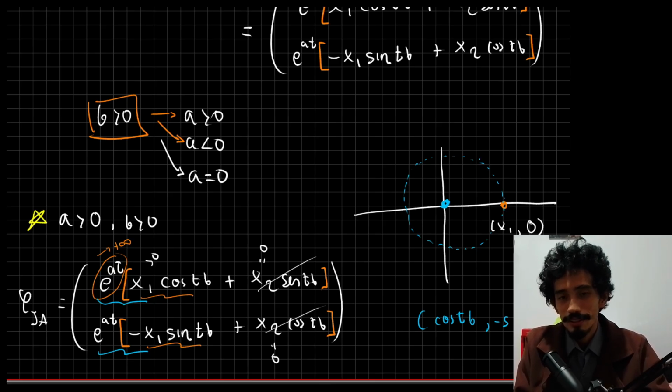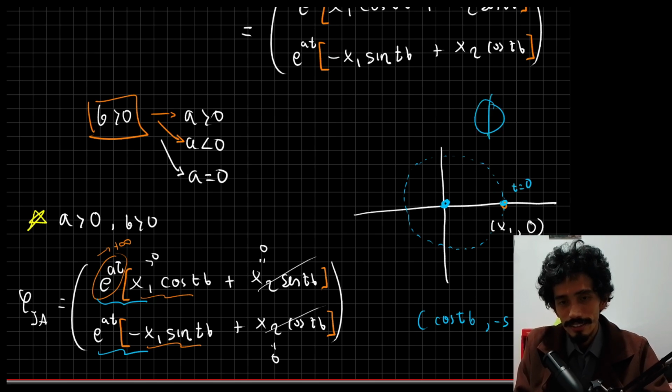The only thing that we need to take care of is whether the circle is going like this or in the other direction. Quickly we can see what happens. Let's say that here t is equal to 0 because it's the initial point. And what happens when t increases?